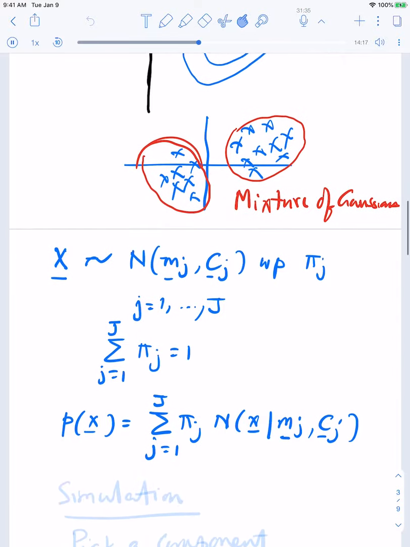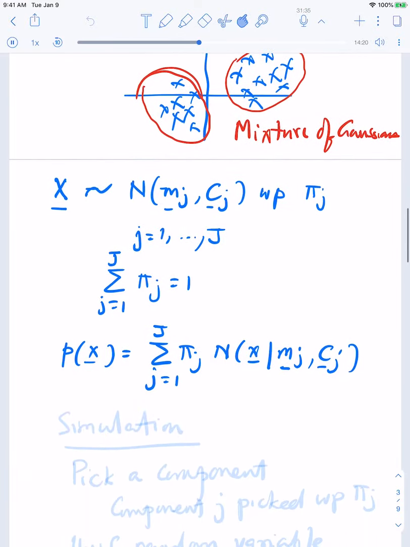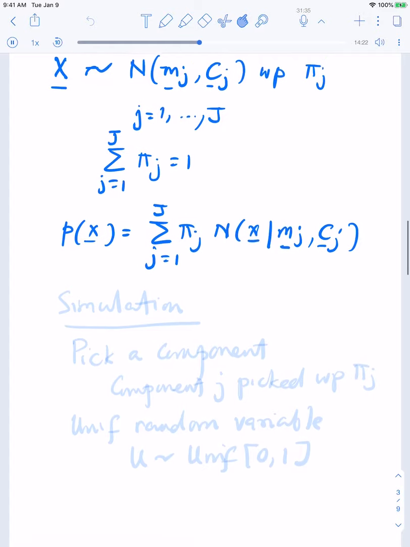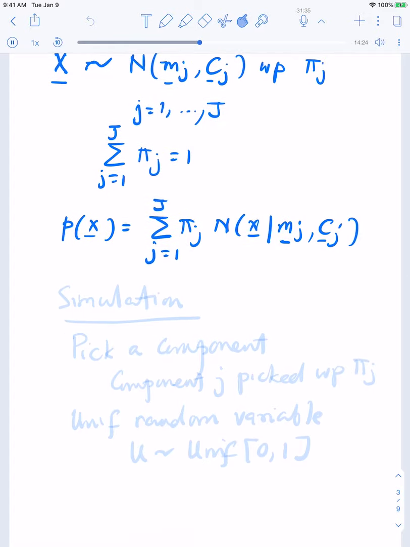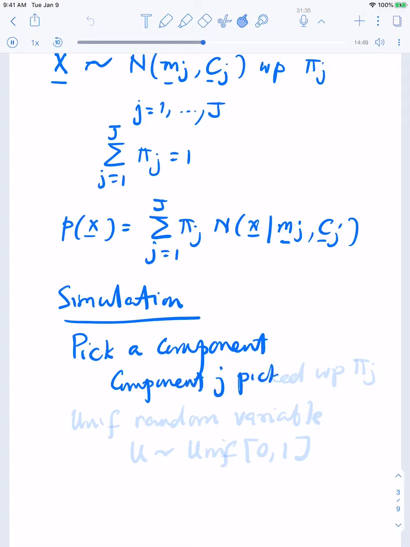How would we simulate mixture Gaussians? Well, we are going to use mixture Gaussian distributions for some of the artificial data that we use in our homeworks. So how do we simulate it? Well, simulation would be: pick a component first. So, component j is picked with probability pi sub j.